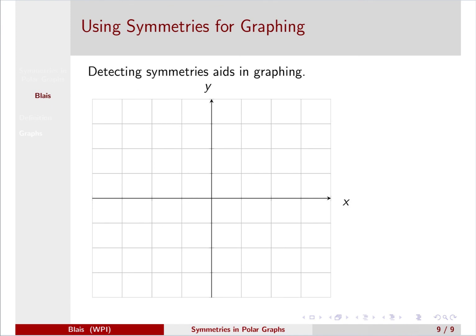And again, the way that you would use these symmetries is that it helps you substantially in the graphing process. In the next lecture we'll go into graphing in polar, but the idea is, suppose you had origin symmetry.